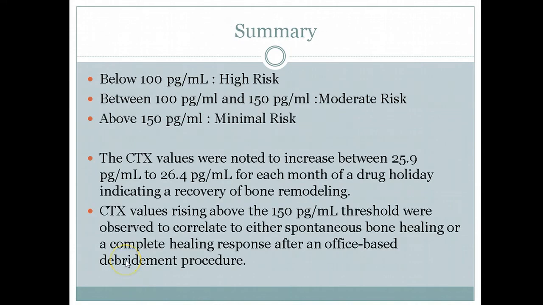So just to summarize, if the patient is on bisphosphonate, by itself it's not a contraindication. But we have to see what effect the medication had long-term on the patient. To have a good idea what that is, we recommend taking the CTX test. Based on the values, we recommend it to be above 150.